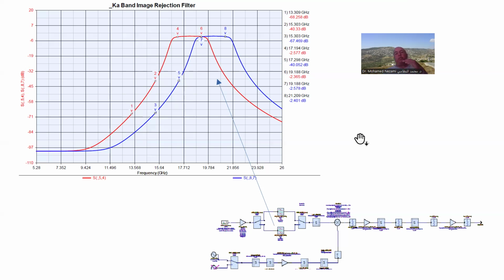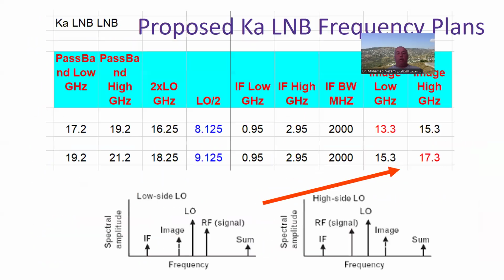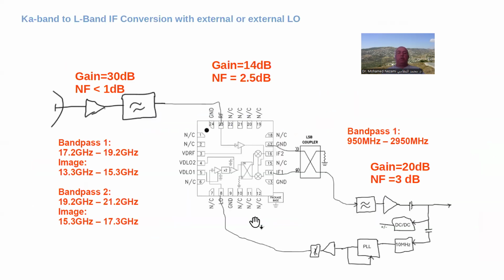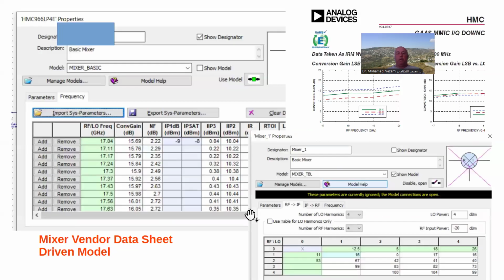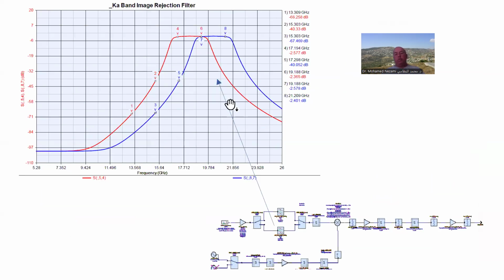Now, the overall image rejection specification we need is 40 dBc minimum. In this system, since we have some image rejection from the single sideband operation in conjunction with this filter, we will be good. We're saying 40, but we may not get 40, so in that case we still have a headroom of about 25 dB or so.